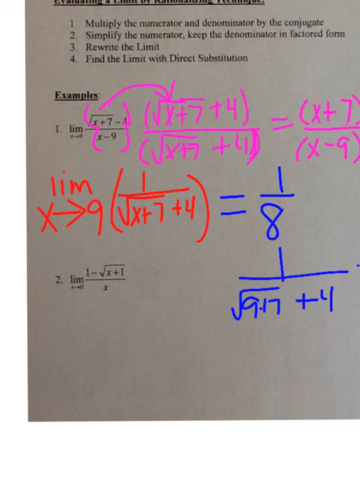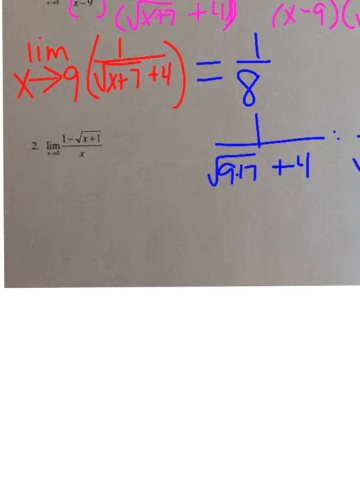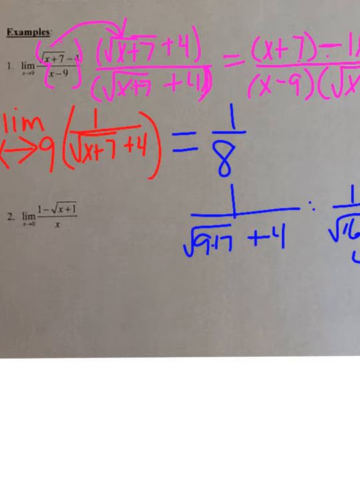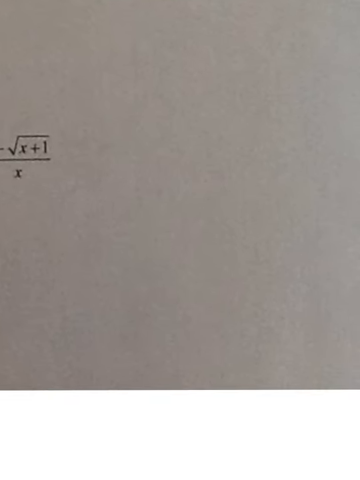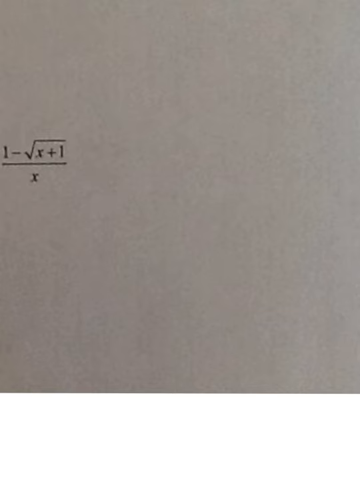Okay, so let's take a look at number 2. Okay, so I have here the limit as x approaches 0 of 1 minus the square root of x plus 1 over x.